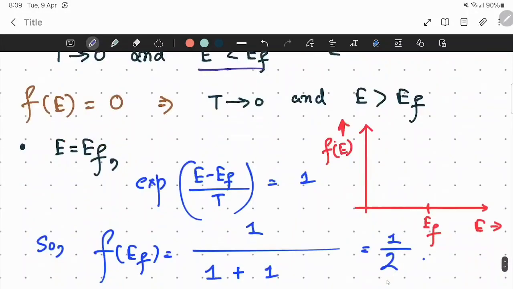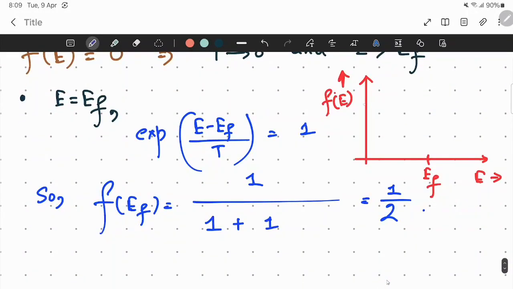That means the states are fully occupied. Let's say this is 1. And here this will be totally 0. There will be a jump, step function like behavior. And at E equals to EF, this will be half. So this will be a sudden jump.